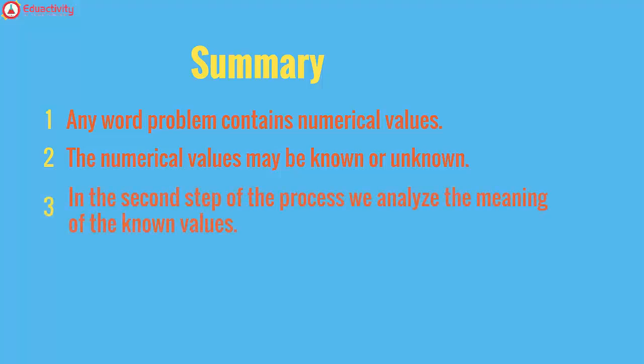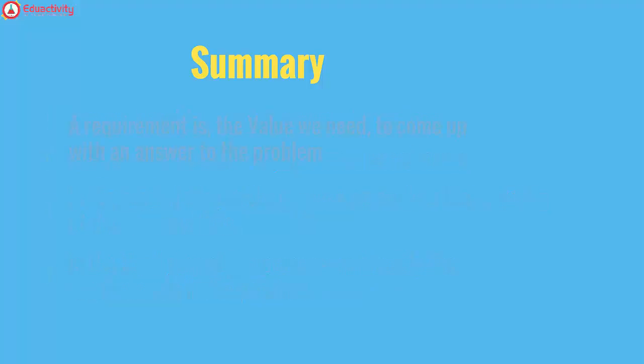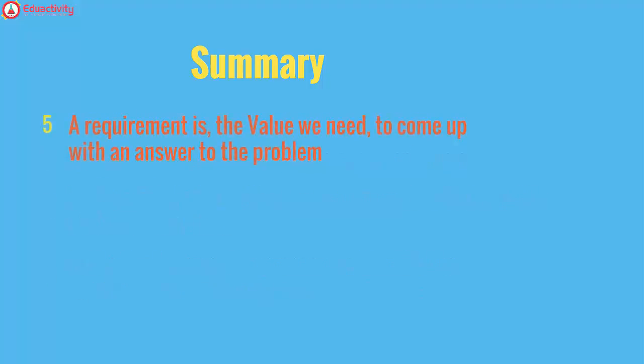In the second step of the process, we must analyze what the known values mean. In the third step of the process, we identify the requirements in the problem. A problem requirement is the value we need to come up with an answer to the problem.